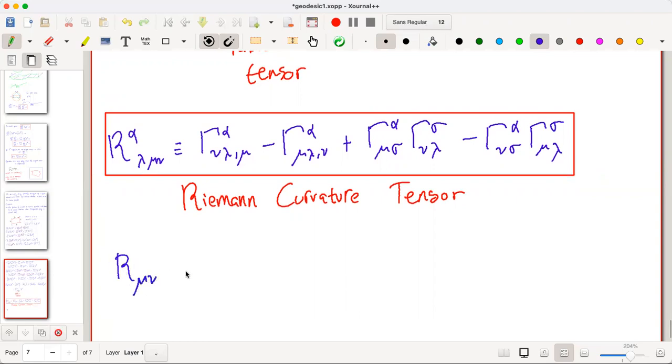I call it R mu nu. And R mu nu is defined as the contraction of the first and the third index of the Riemann curvature tensor. So the first and the third. Okay, so this is the definition.